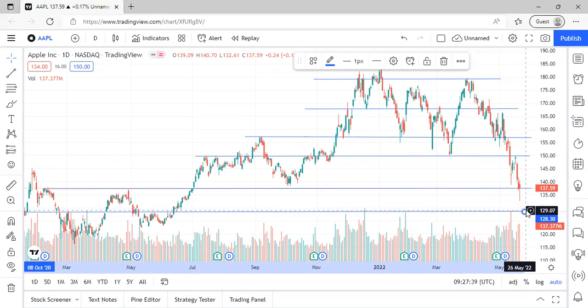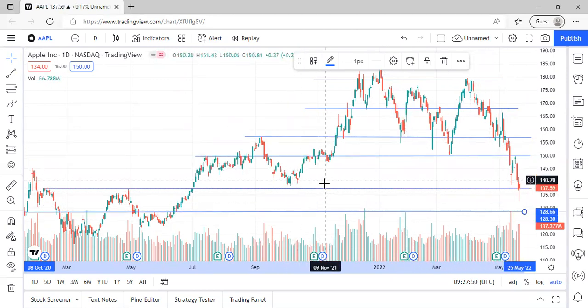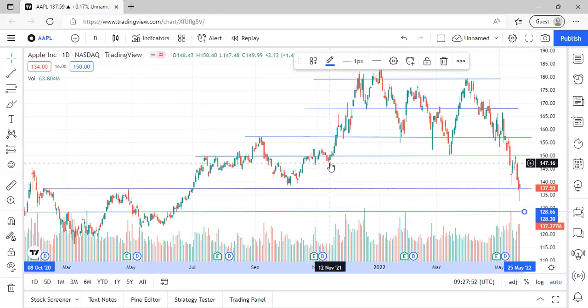Remember, resistance lines can turn into support lines if we are looking at a downward trend, and if we are looking at an upward trend, the support line can turn into the resistance line.